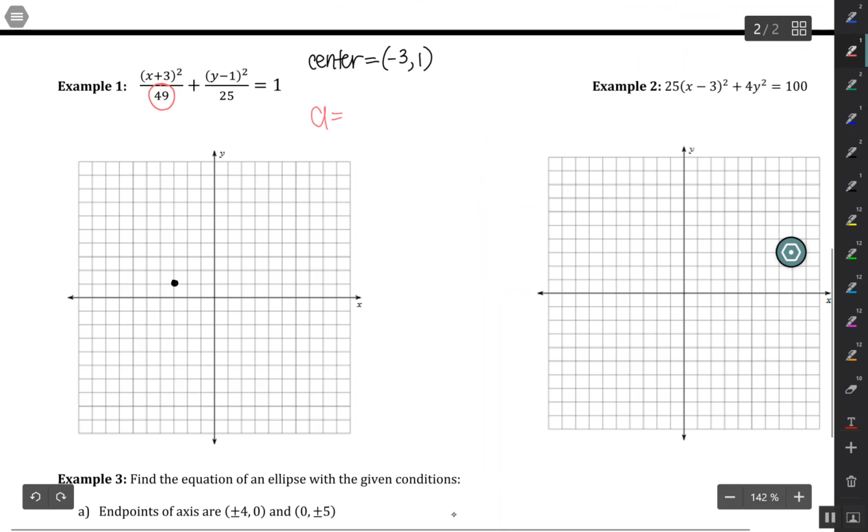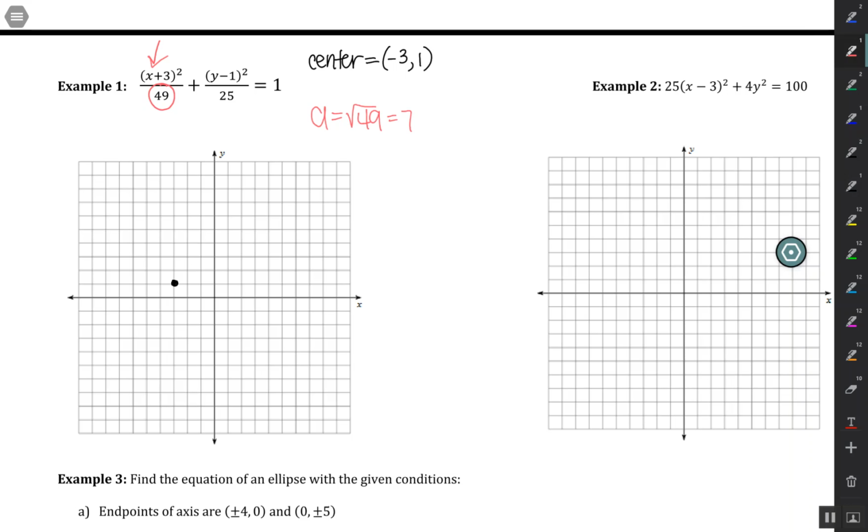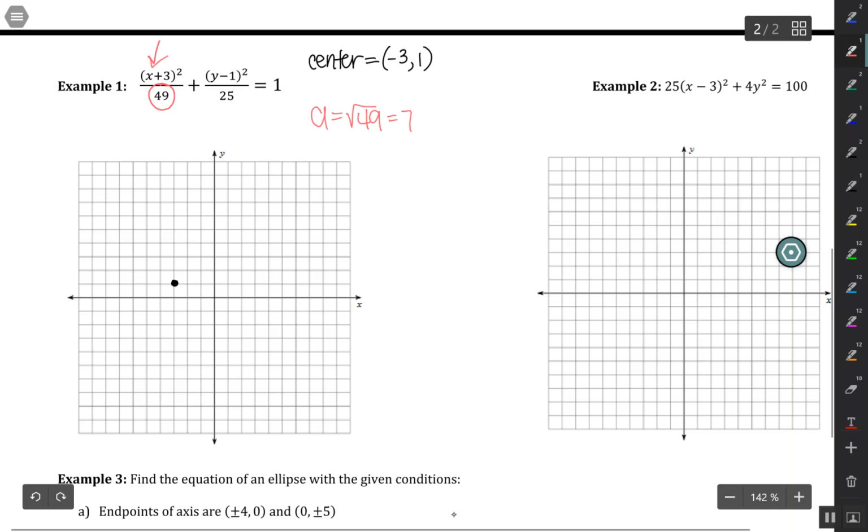So a is the square root of 49, or 7. Remember, it's under the x. X goes left and right, so I'm going to go left and right from here. 1, 2, 3, 4, 5, 6, 7. Okay, and my b is the square root of 25, which is 5. So up or down 5. 1, 2, 3, 4, 5. Okay. Make your beautiful oval.